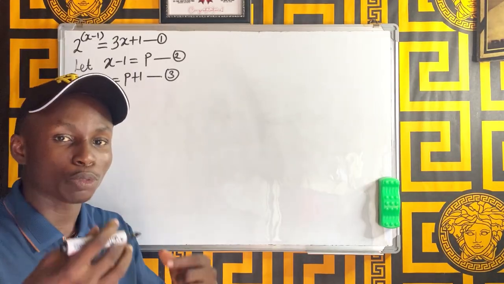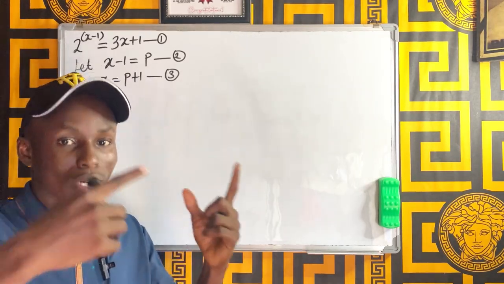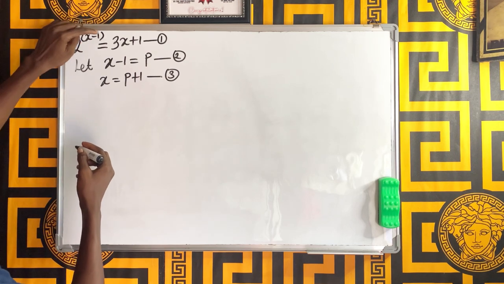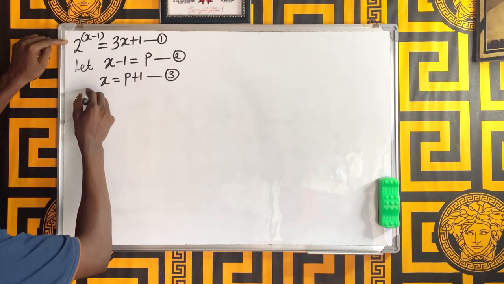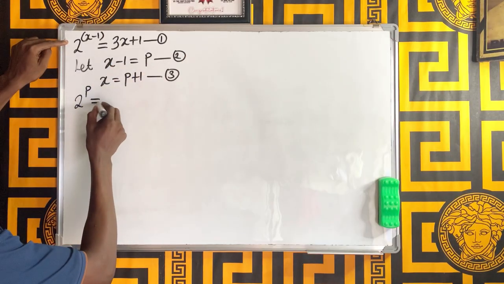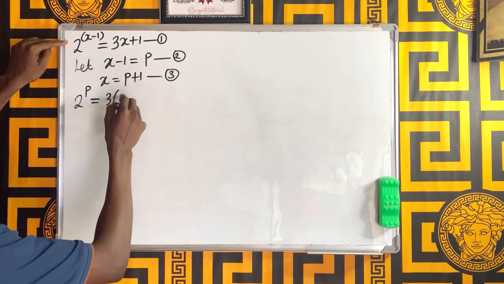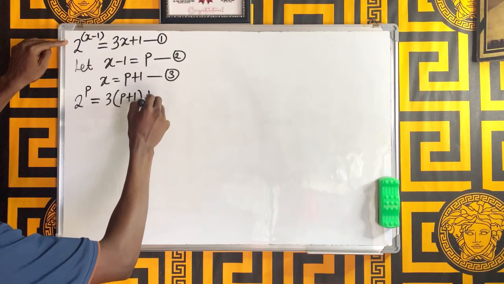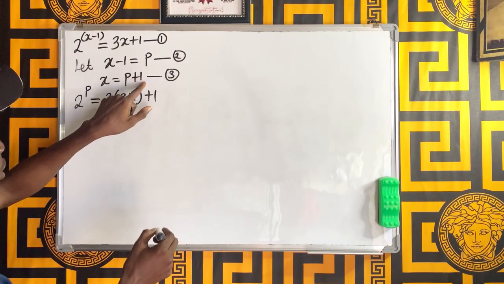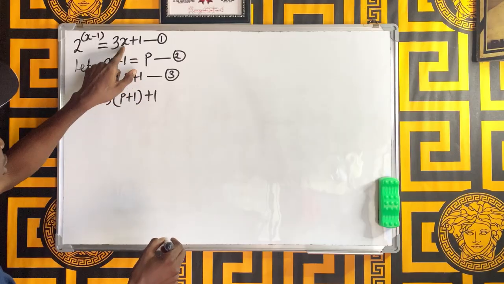Now let's substitute equation 3 into equation 1. In equation 1, we have 2 raised to x minus 1, so this is 2 raised to p, because x minus 1 represents p from equation 2. Then equals 3 times p plus 1, then plus 1, because equation 3 says x equals p plus 1, so we substitute p plus 1 in place of x here.